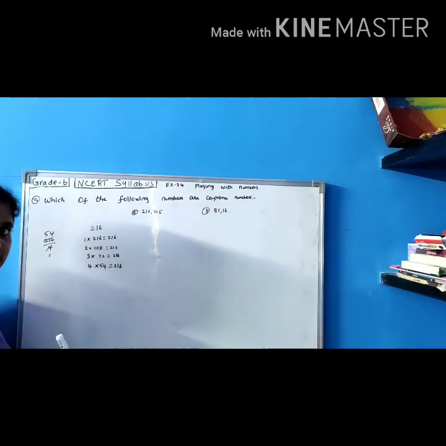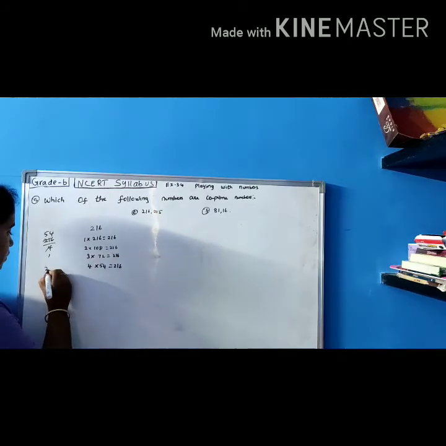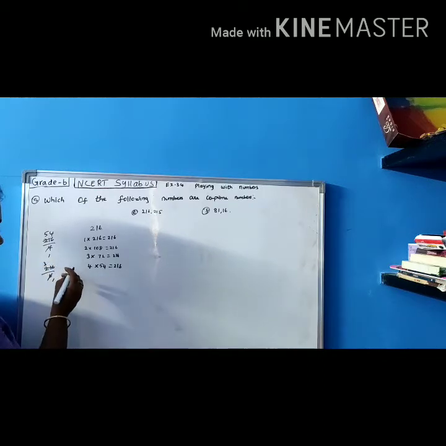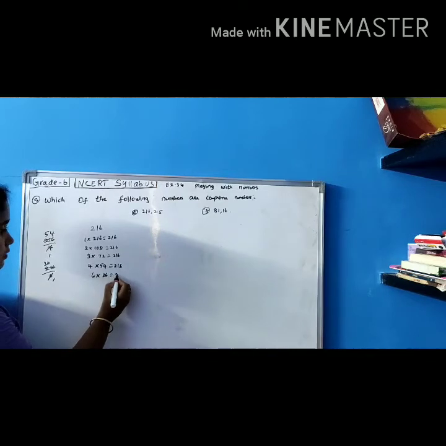The divisibility rule for 6 is that it should be divisible by both 2 and 3. Yes, it is divisible by 2 and 3, so it is divisible by 6. So 226 divided by 6. 1 6 is 6. 2 6s are 12. 3 6s are 18. 19, 20, 21. So balance 3. 6 6s are 36. So 6 into 36 gives you 226.